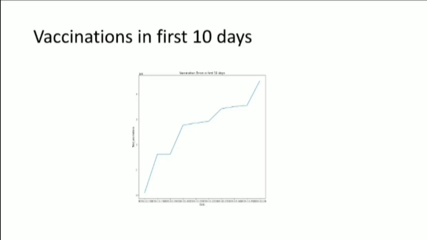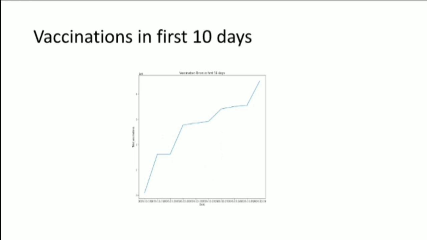The vaccination trend in the first 10 days was overall on an increasing trend. However, there were some stagnant regions in the graph, as you can see, because there were not many countries actively participating in the drive at that time.